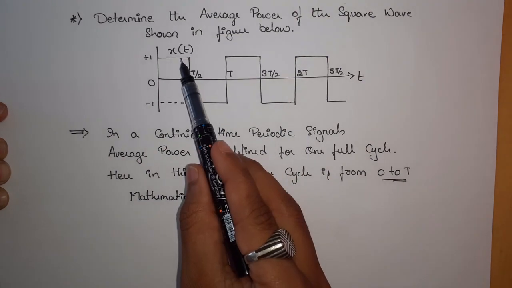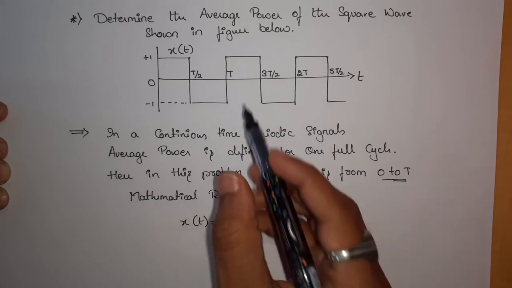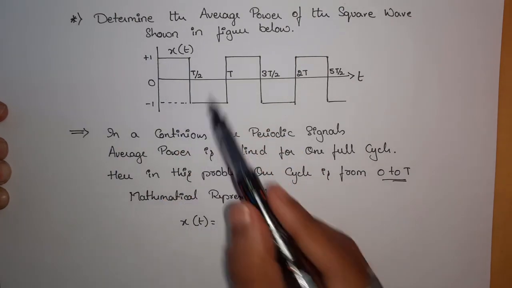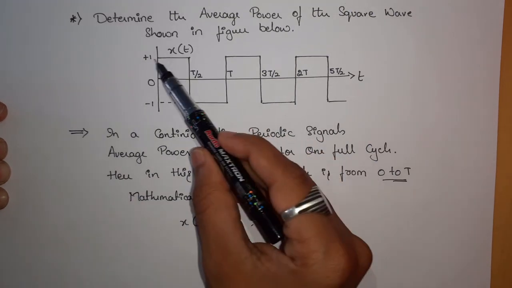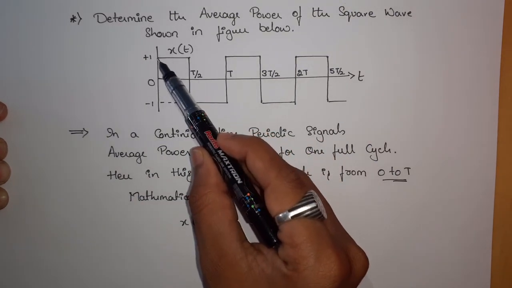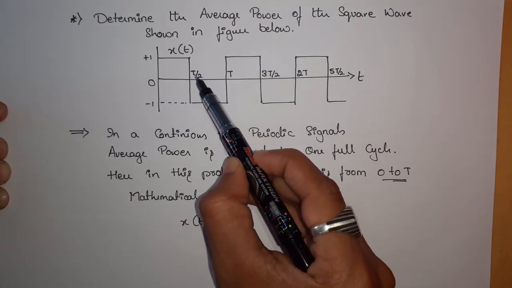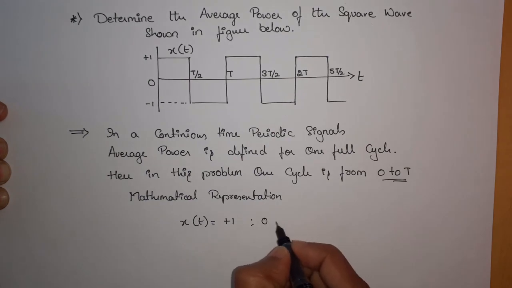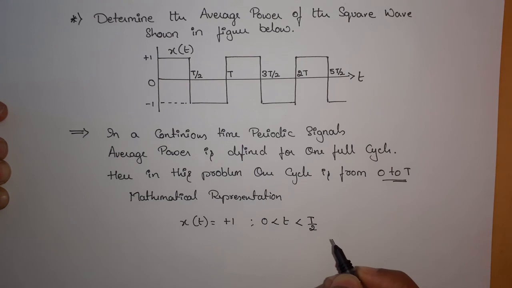of this x of t for one full cycle is: x of t is plus 1 between 0 to T by 2. Here we can see 1 until T by 2, 0 to T by 2.